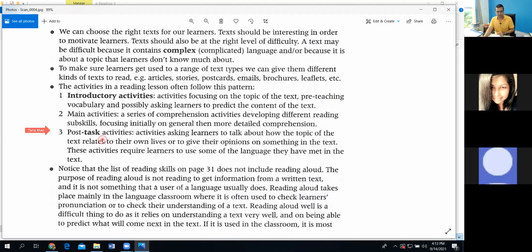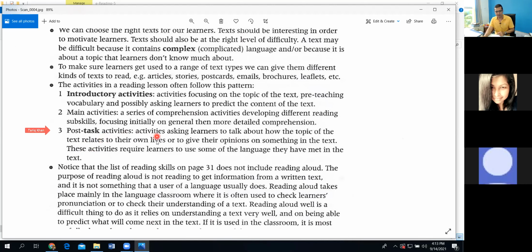Post-task activity. What is it? Post-task activities ask learners to talk about how the topic of the text relates to their own lives, or to give their opinions on something in the text. These activities require learners to use some of the language they have met in the text. When they finish the main activity, you can ask questions to discuss, like in speaking: have you ever experienced personally what we read in the text?